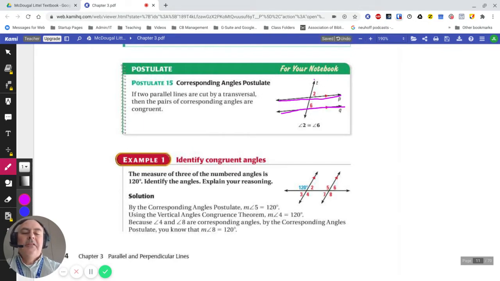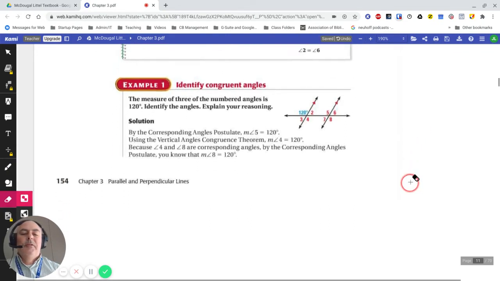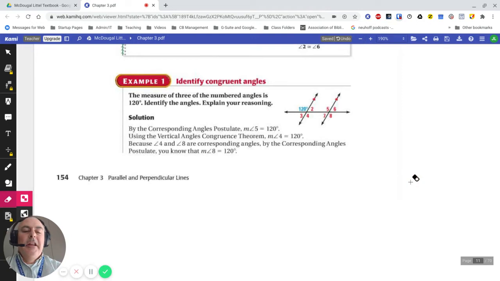So in this case, two parallel lines and a transversal, I know that my corresponding angles are going to be equal. The angles will be congruent, their measurements will be equal. So in this example, where I have corresponding angles, the 120 degree angle and angle 5, I'm going to know that angle 5 is 120 degrees.